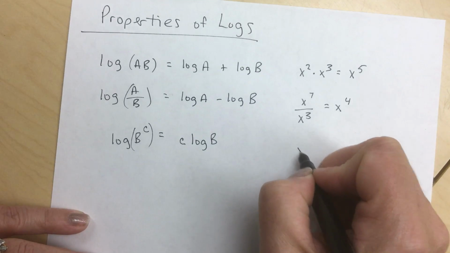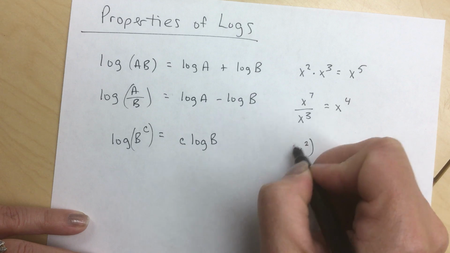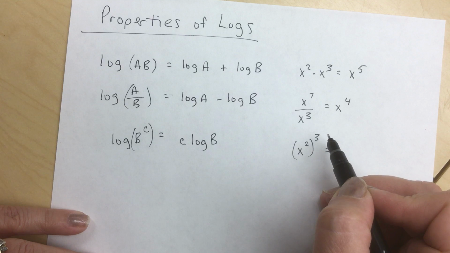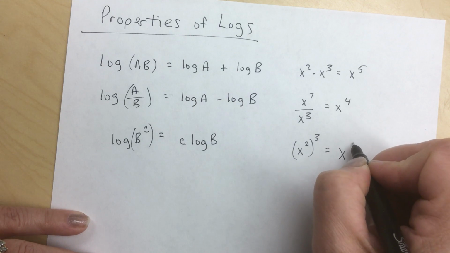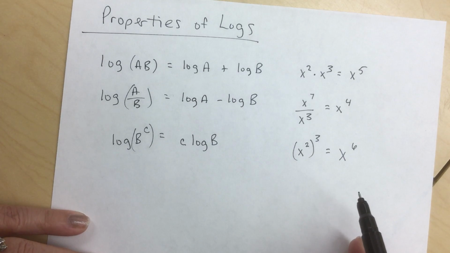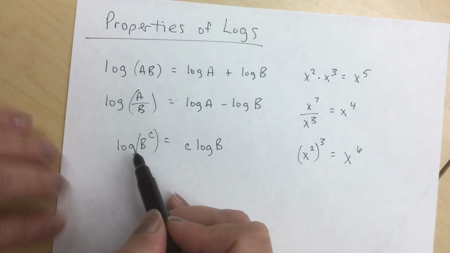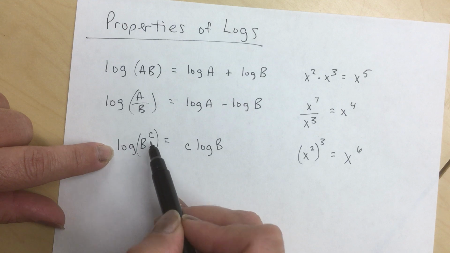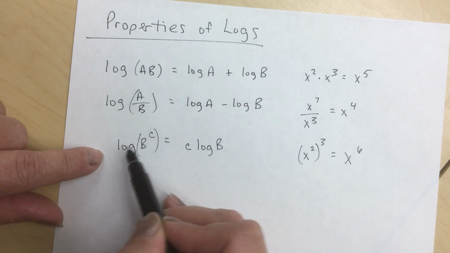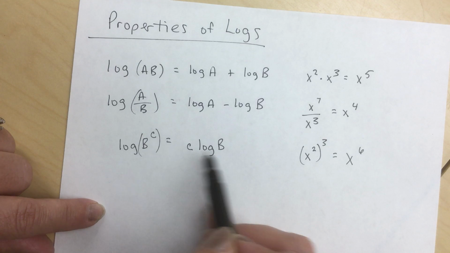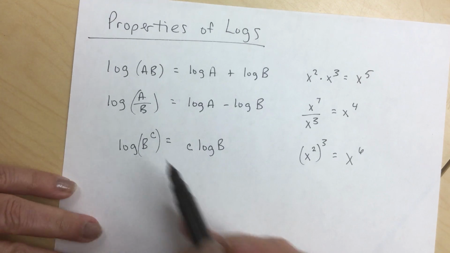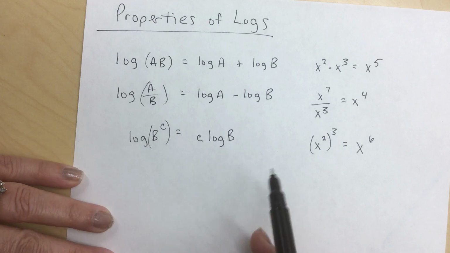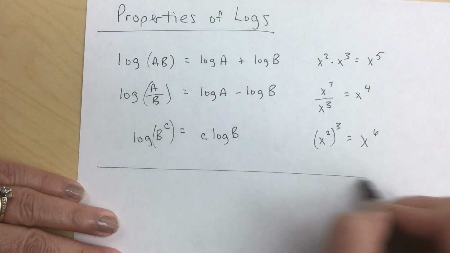And that's because if you have, let's say, x squared to the third power, when you have an exponent to an exponent, you multiply. This would be x to the sixth, not x to the fifth. So if you are trying to find the exponent of something to a power, this c is like the exponent to the exponent. So you're allowed to multiply them together. So we will use this fact to bring this out in front a lot. Okay, so these are the three rules.